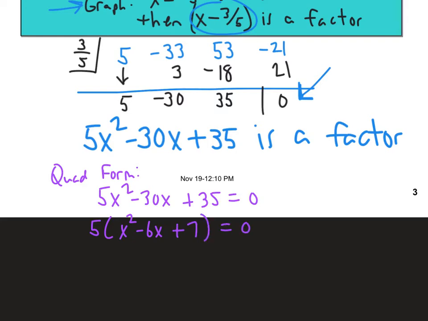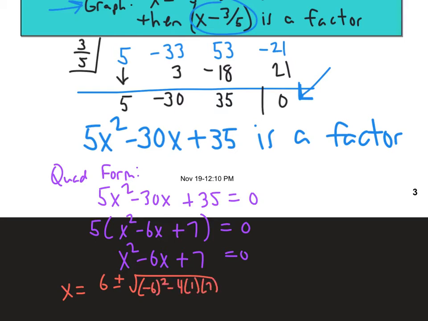When you divide both sides by 5, you just get x squared minus 6x plus 7 equals 0. Now we go into the quadratic formula, which says x equals the opposite of b, plus or minus the square root of b squared minus 4 times a times c, all over 2a.